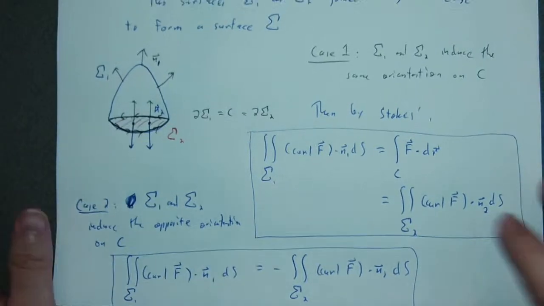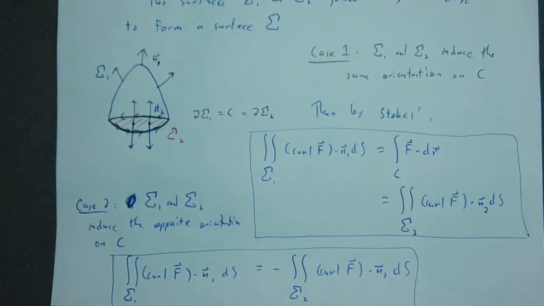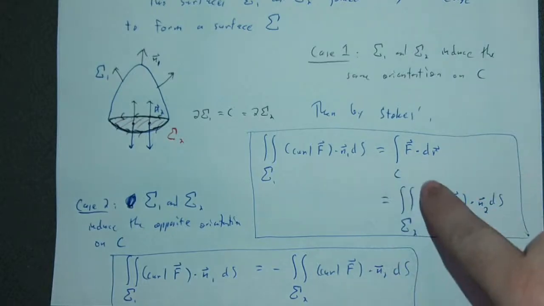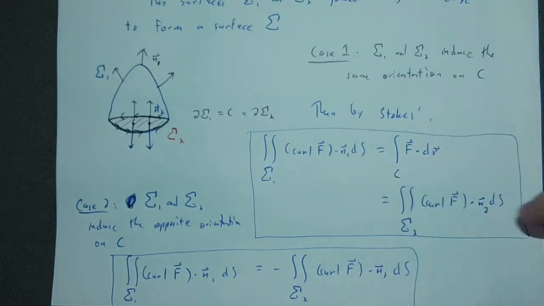Well, as before, we have to go through this line integral. In one application of Stokes, we get C, and in the other application of Stokes, we get minus C, because the orientation in question induces the opposite orientation on the boundary curve. And so in this case, we have minus the surface integral along the other surface is equal to this thing.